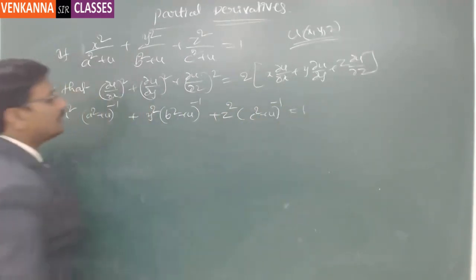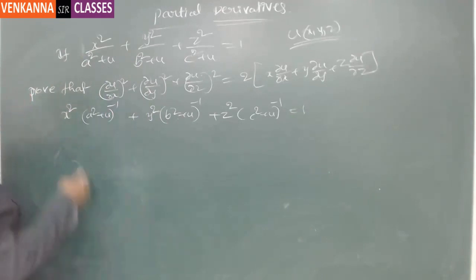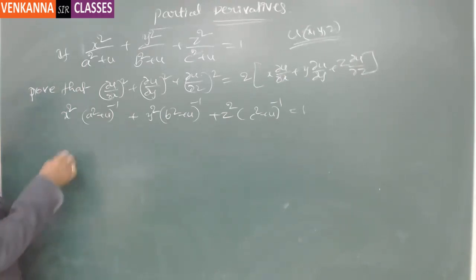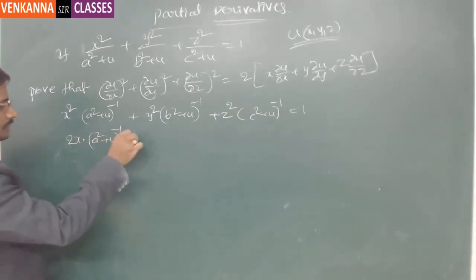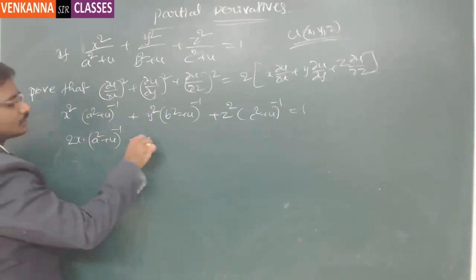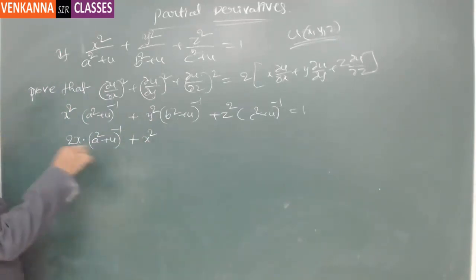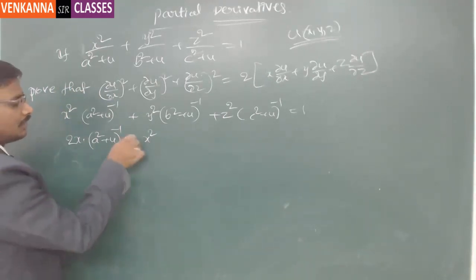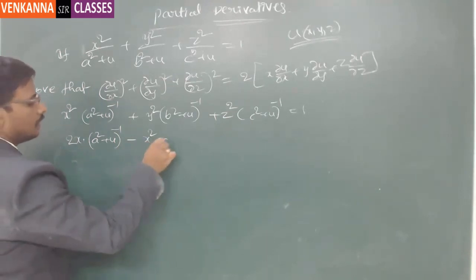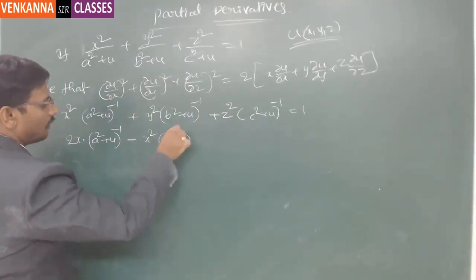Now, if you take the derivative on either side, then this will be the uv formula because u is a function of x and x is a function of x. So, if you take the derivative with respect to x, then this will be 2x into (a²+u)^(-1) plus x² into the derivative of (a²+u)^(-1). So, n into x^(n-1), n is minus 1. So, this is (a²+u)^(-2).